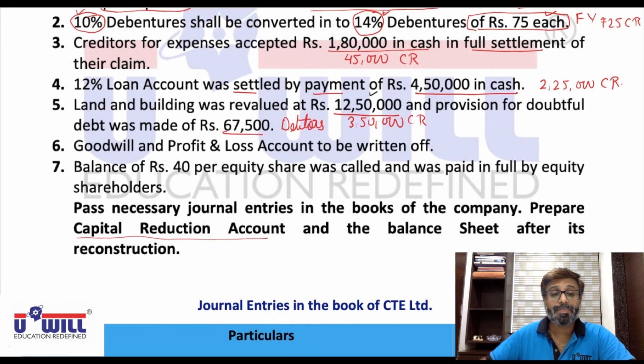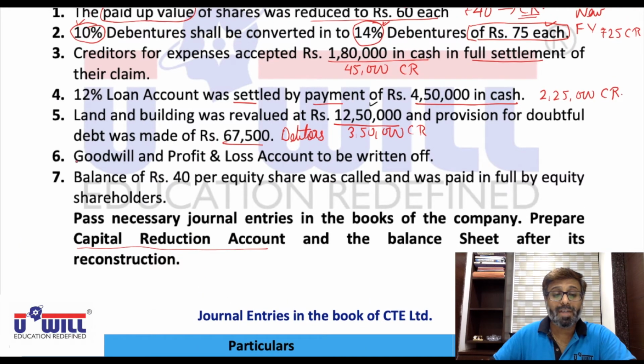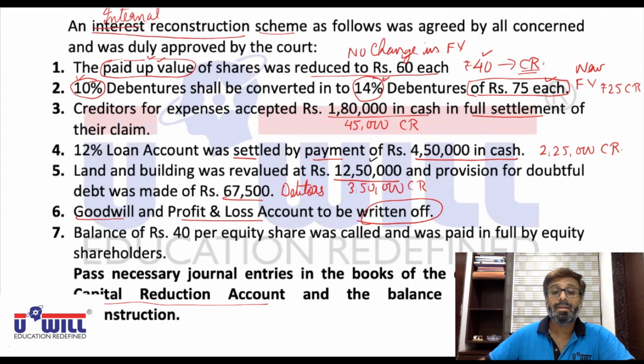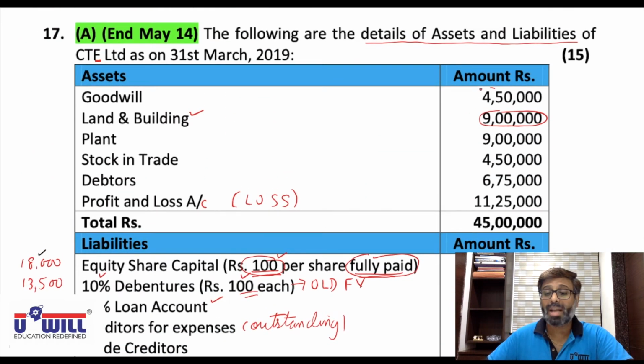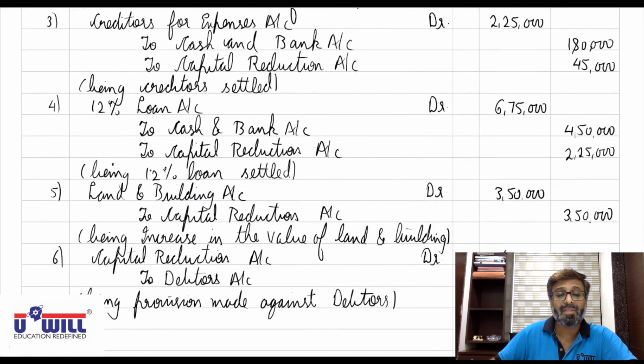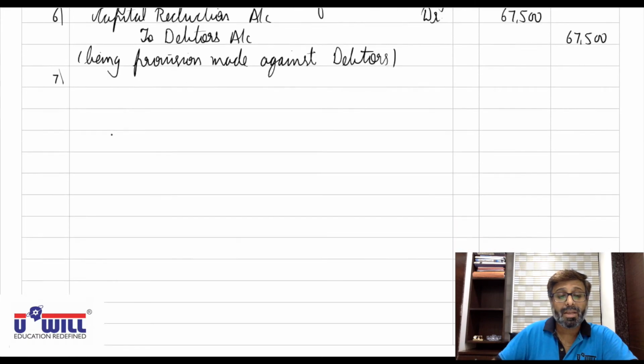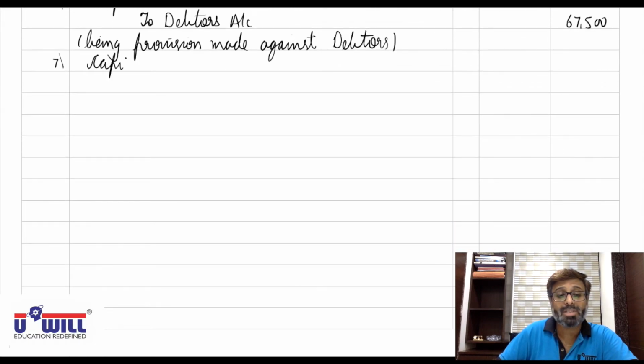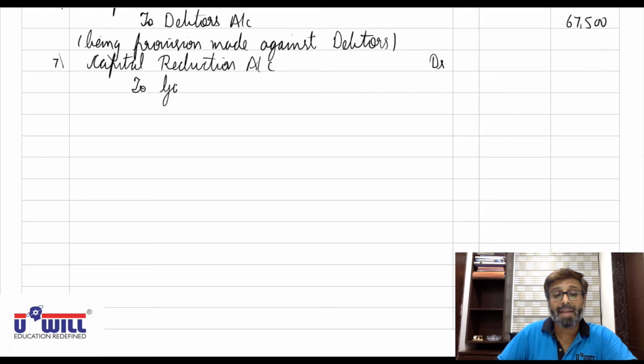Now next, goodwill and profit and loss account is to be written off. So again, how much is goodwill's amount? 4,50,000. How much is accumulated loss? 11,25,000. For writing it off, the entry will be capital reduction account debit. We will use capital reduction in writing it off. So capital reduction account debit to goodwill account 4,50,000.